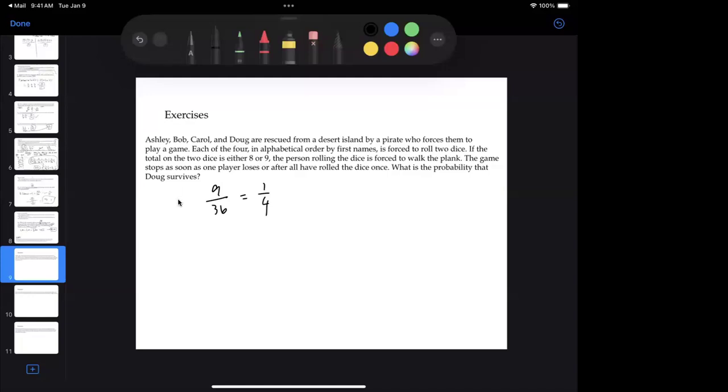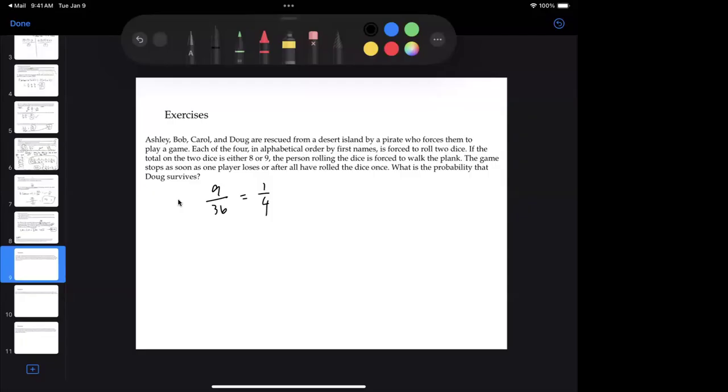So we want to find the probability that Doug survives. I think it's easier to calculate by finding the probability that he does not survive, right? Doug only dies if the others don't roll an 8 or a 9, and he does.